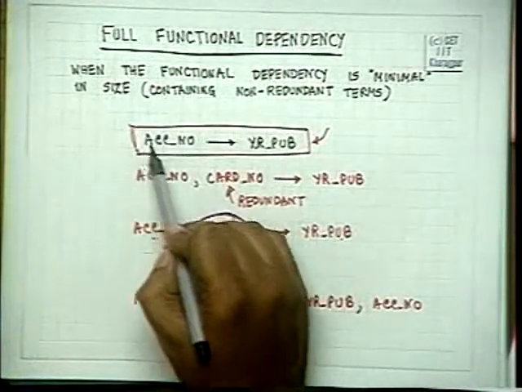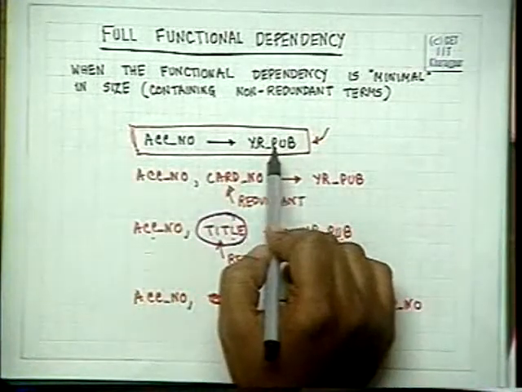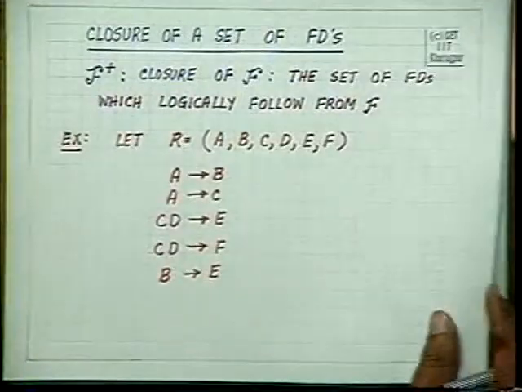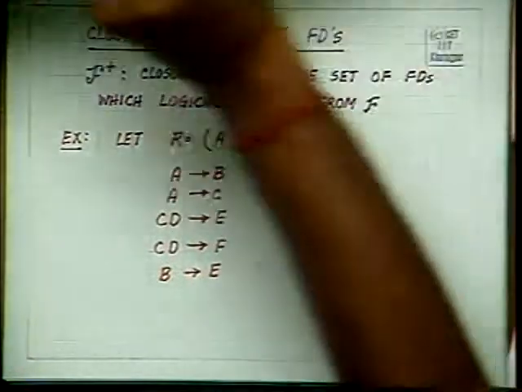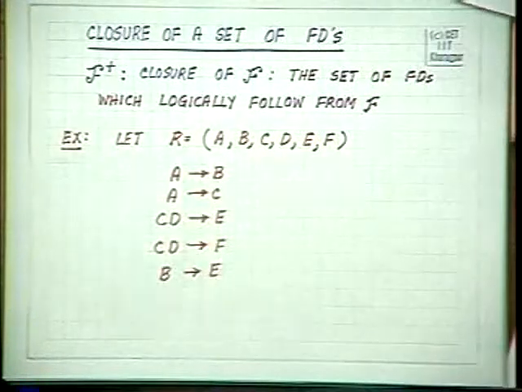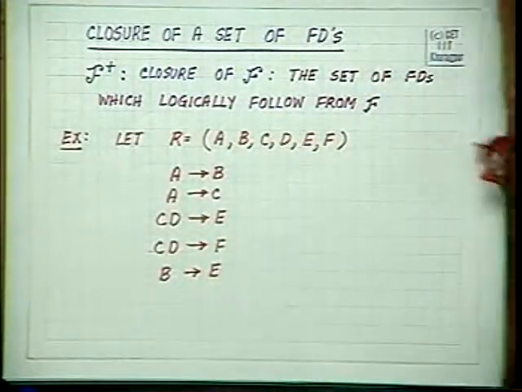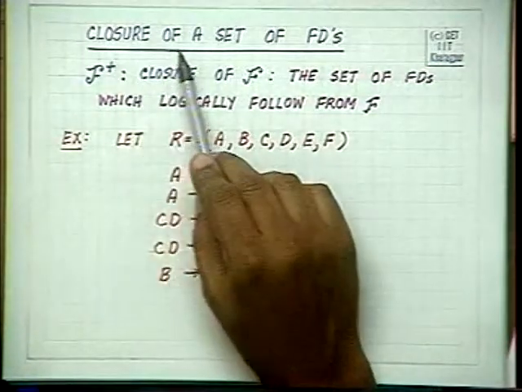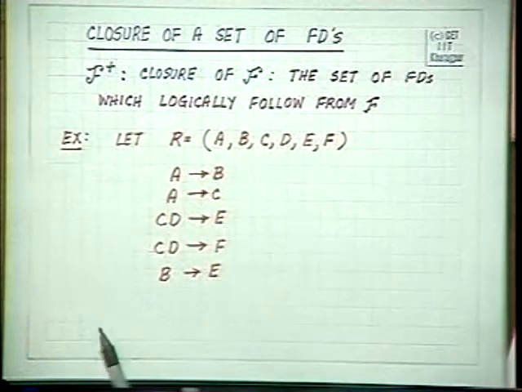A functional dependency is said to be a full functional dependency if it has no redundant attributes. But to understand that itself, we require to understand the logical derivability of attributes. So, the issue that we will take up now is the closure of a set of functional dependencies.